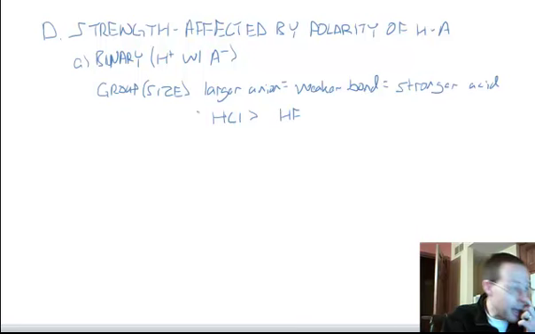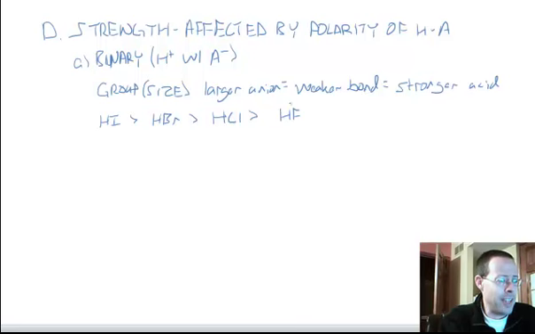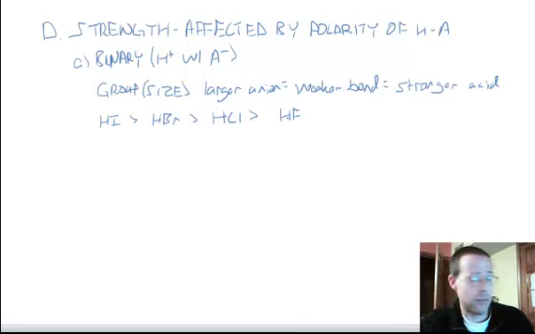Again, who's going to be stronger, HCl or HBr? Because we know hydrobromic is another strong acid. It's stronger than hydrochloric. And then we can also say that hydroiodic is even stronger than hydrobromic. And then why is HF not considered a strong acid? It doesn't want to dissociate because fluorine is so electronegative, it holds on to its H so strongly it doesn't break apart.